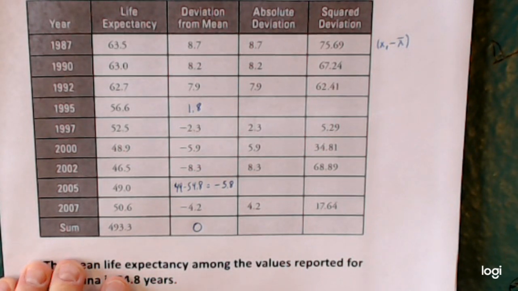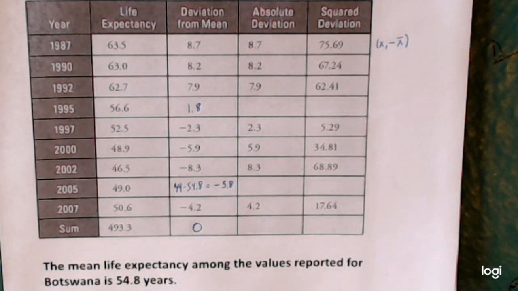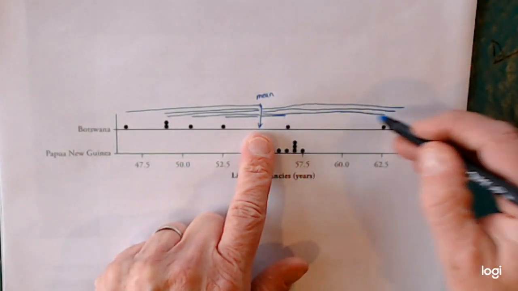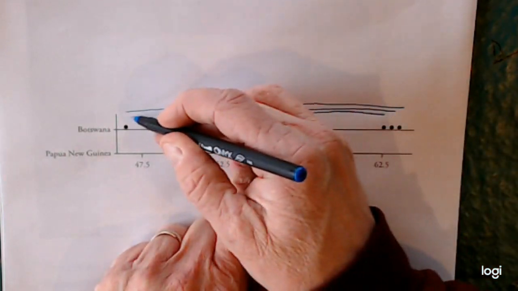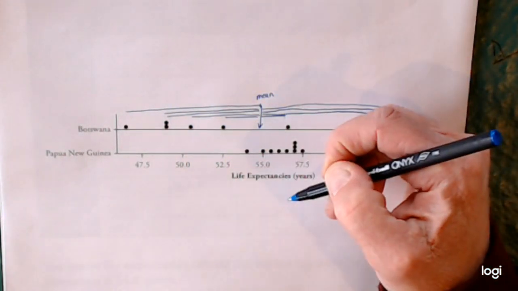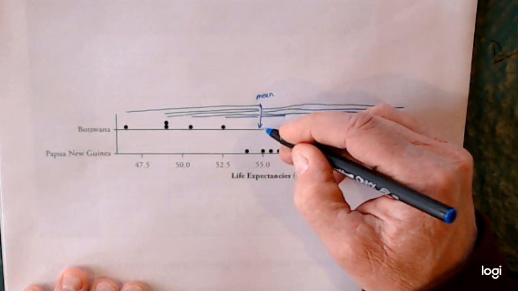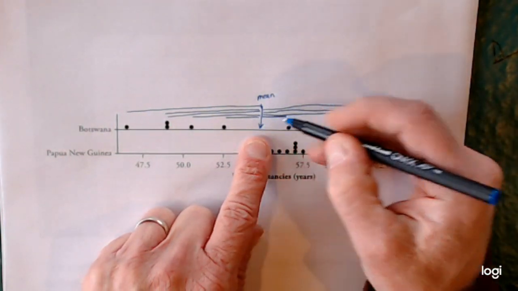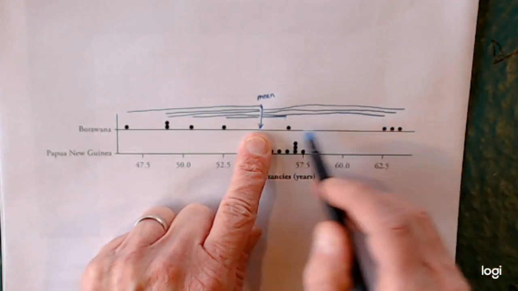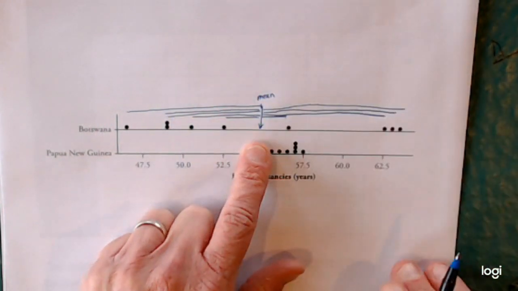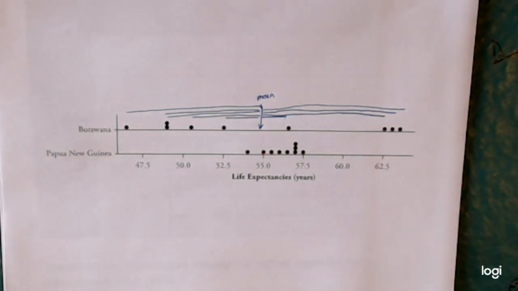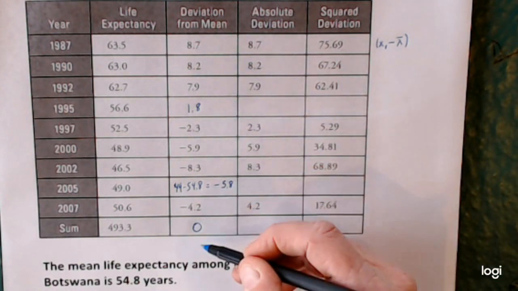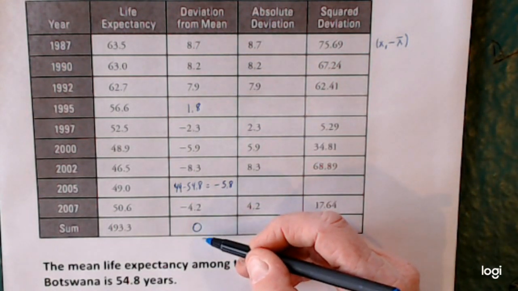So the point is that all these positive deviations from the mean cancel these negative deviations from the mean, because the mean is the balance point of the distribution. It's precisely the value so that the deviations on the high side and the deviations on the low side cancel each other out. So we can't just use those deviations and average those.